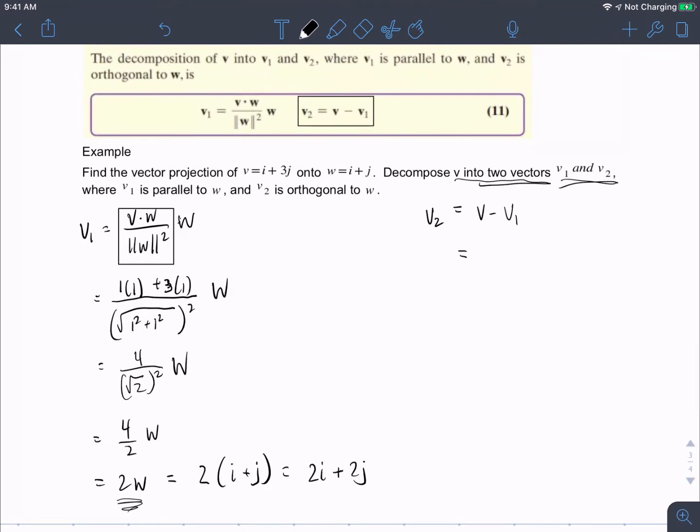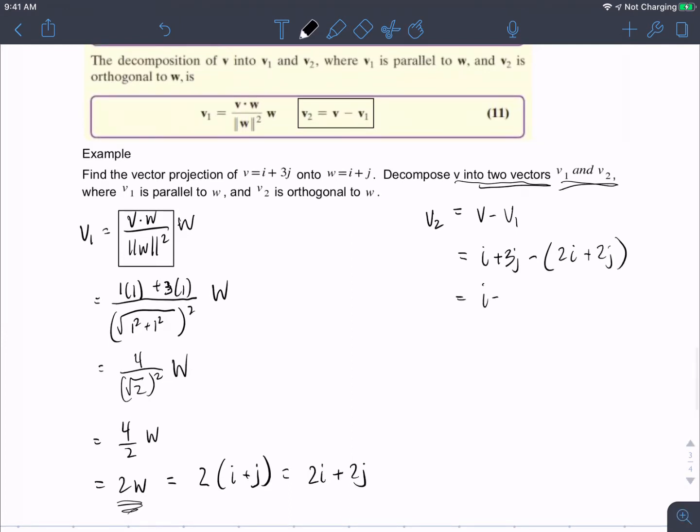We know that v is i plus 3j minus 2i plus 2j, which gives us i minus 2i plus 3j minus 2j, which is negative i plus j. And that is our v2 vector.